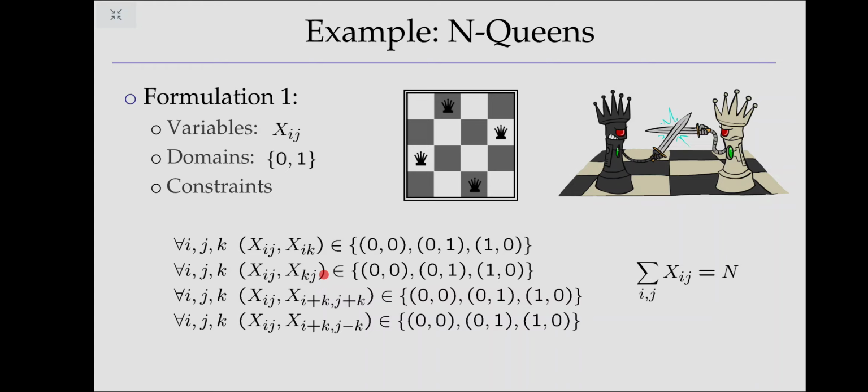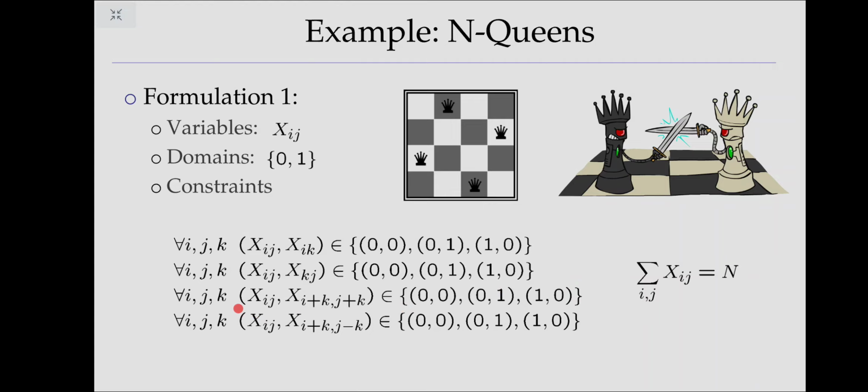Second, for column j, similarly. For column j, xij and xkj, both of them should be 0, or at most one of them is 1. This is the implementation of this constraint.